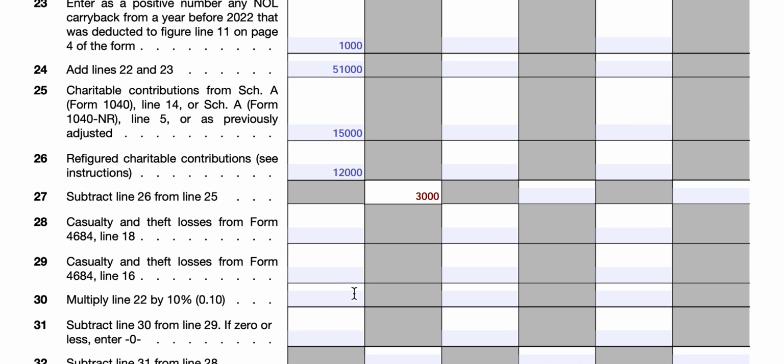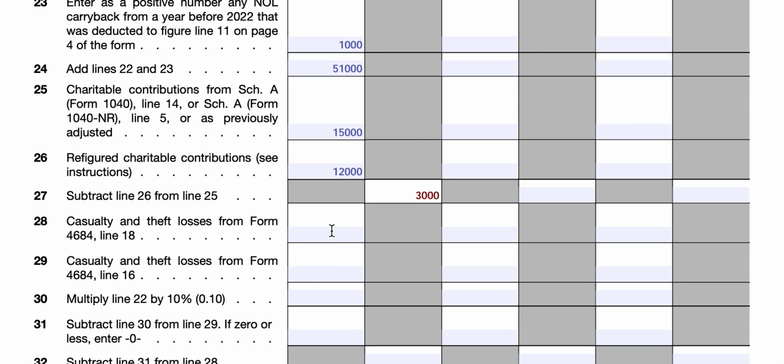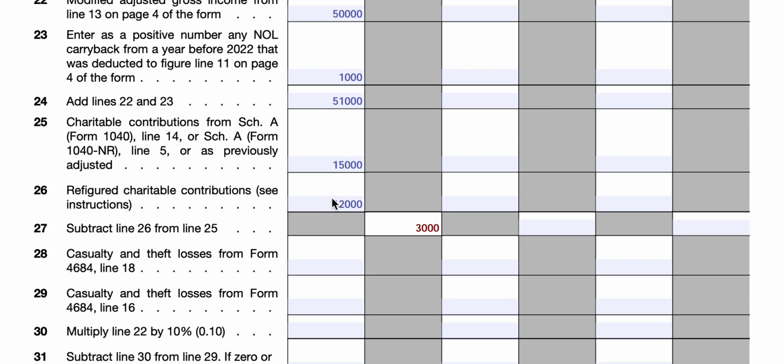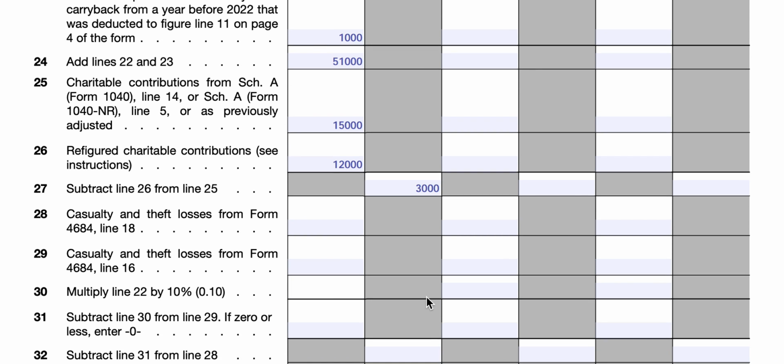Then for line 28, you'll enter any casualty and theft losses from line 18 of your Form 4684. On line 29, you'll enter any casualty and theft losses from line 16, and then you'll multiply your modified AGI number by 10%, and this represents your floor.